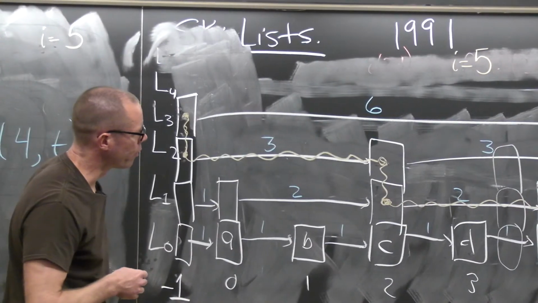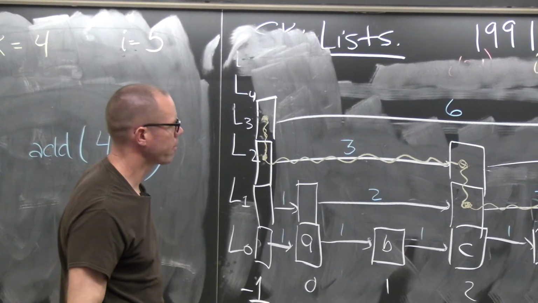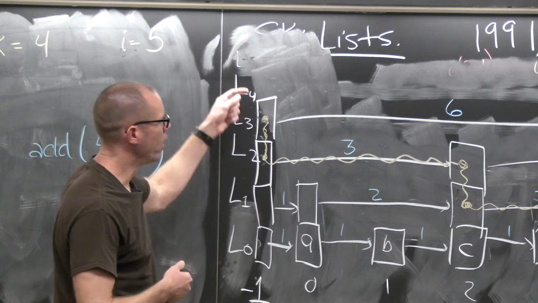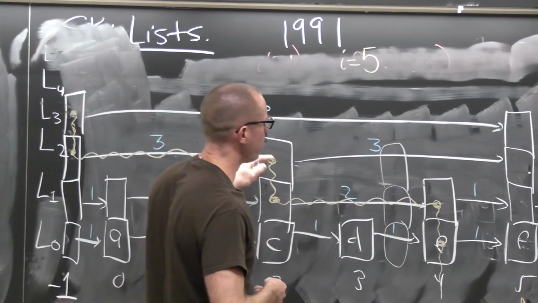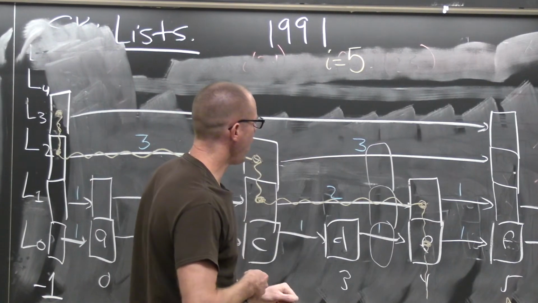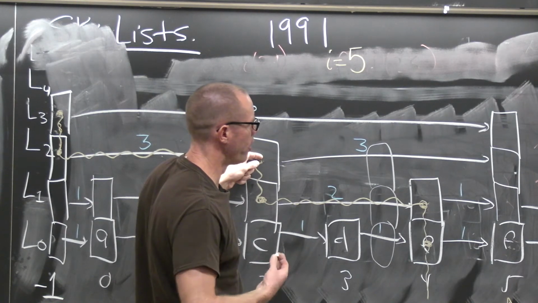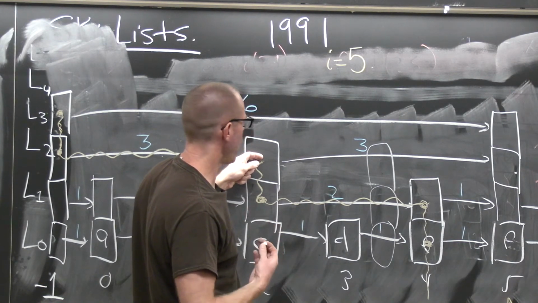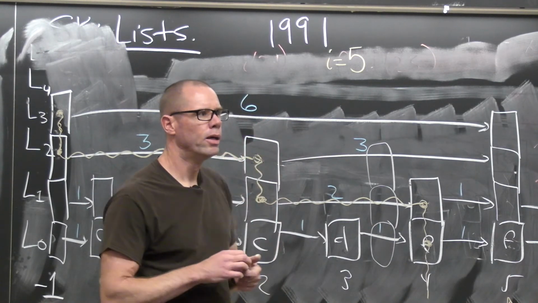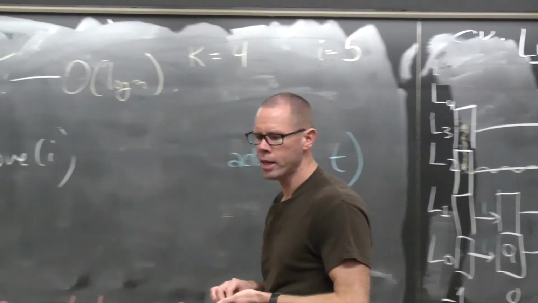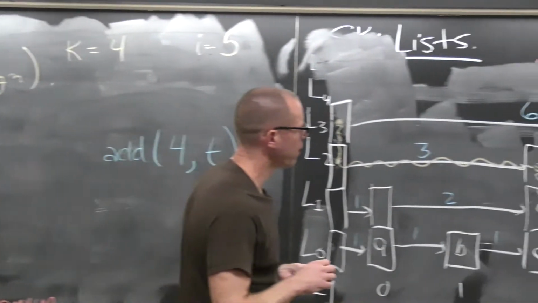So, in this case, we can first toss the coins, decide how high it's going to go, then we follow the search path, and when the path turns down because it's overshooting the thing we want at a level that's lower than the height we're supposed to start inserting at, then we splice it in. That's easy. So in this case, it's a bit simpler than adding in a set because we don't have to worry about not adding a duplicate value.